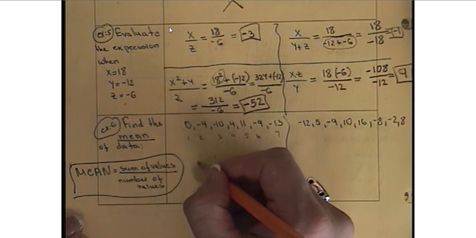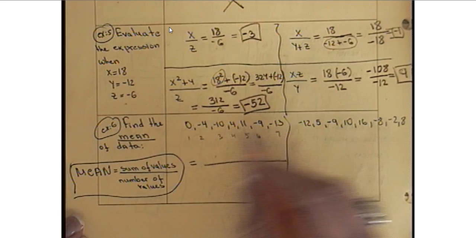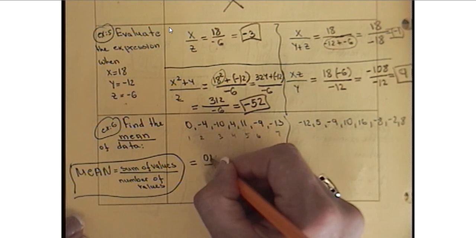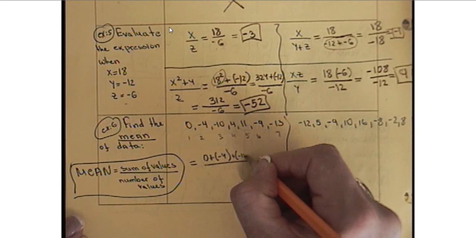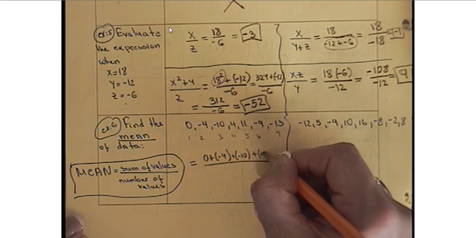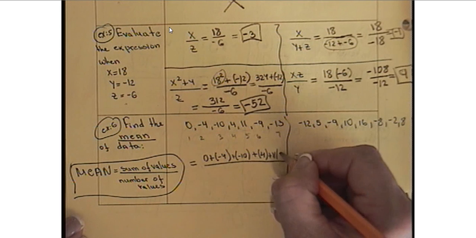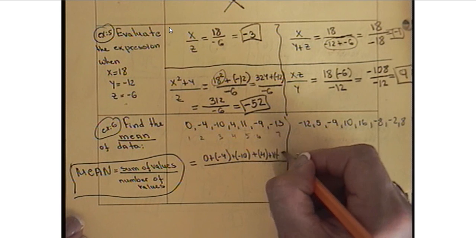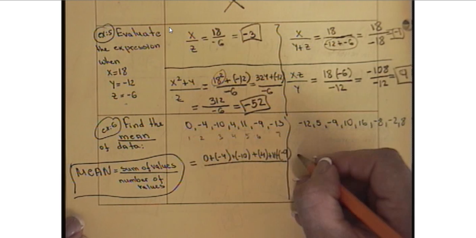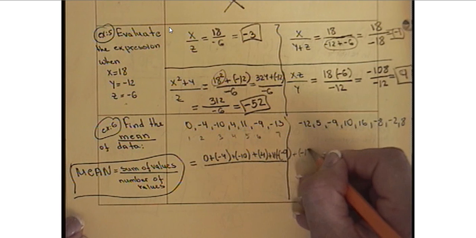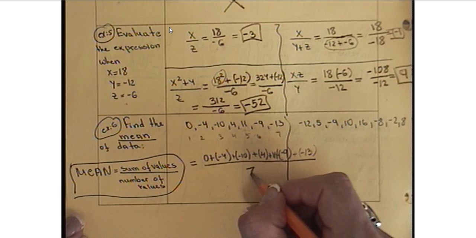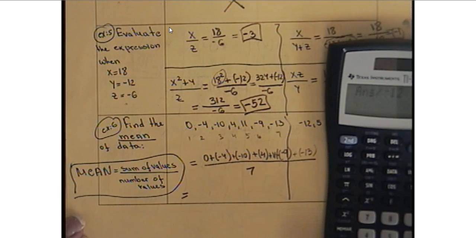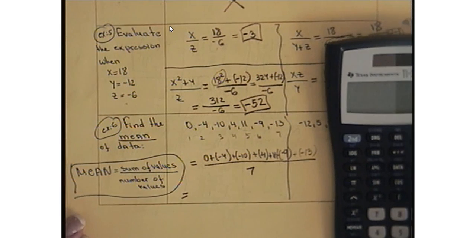So the mean will be equal to, we add all those: 0 plus negative 4 plus negative 10 plus 4 plus 11 plus negative 9 and plus negative 13, divided by 7 numbers total. If we use the calculator, we can add all those numbers.